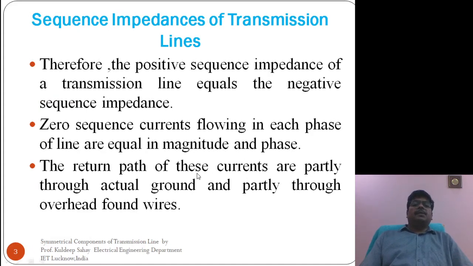While for the zero sequence, the currents flowing in each phase of the line are equal in magnitude and phase.